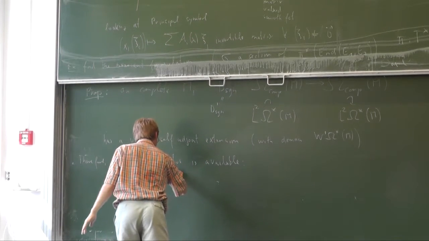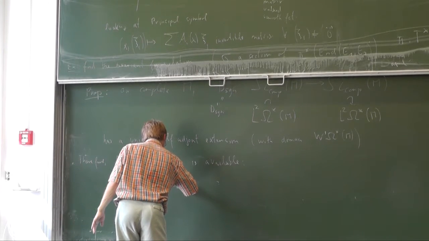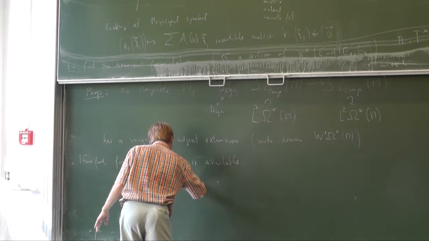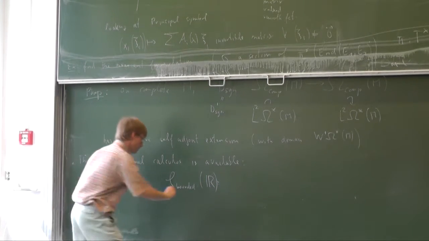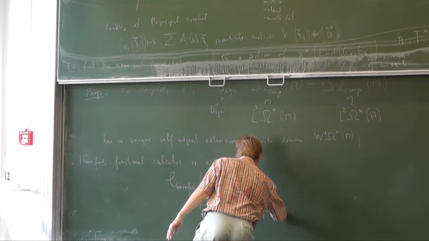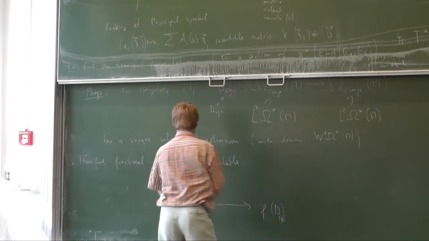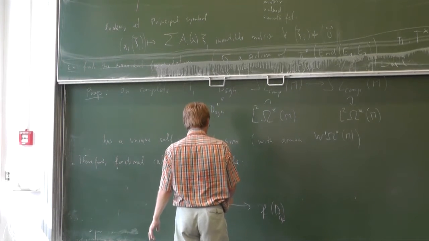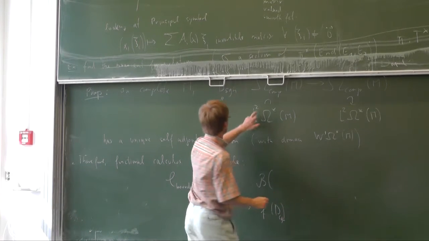We can take bounded continuous functions on the real line, and we can substitute D into f, and we get, if we start with a bounded continuous function, a bounded operator on the Hilbert space.